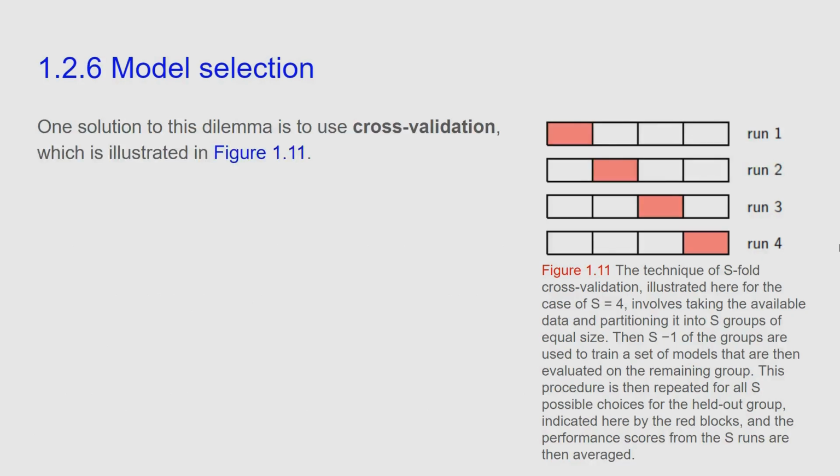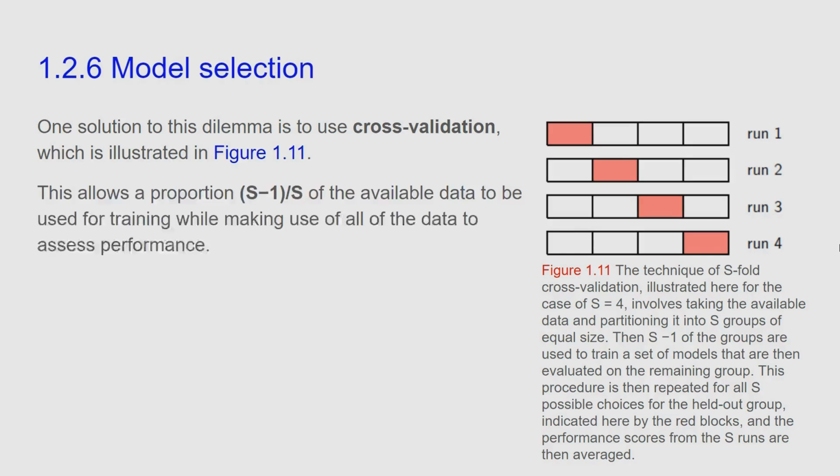One solution to this dilemma is to use cross-validation, which is illustrated in figure 1.11. This allows a proportion (S minus 1) over S of the available data to be used for training, while making use of all of the data to assess performance.